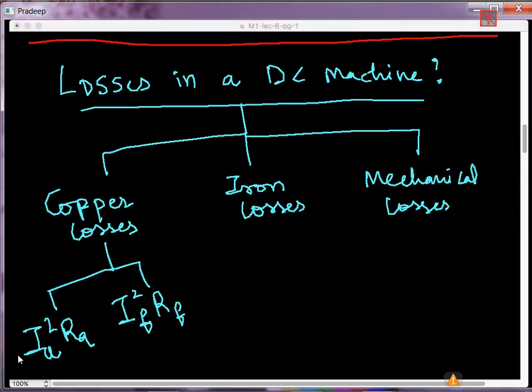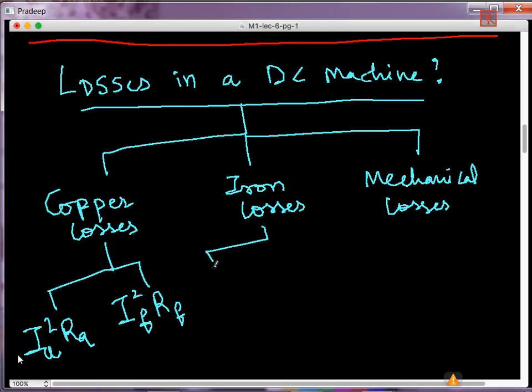So what are iron losses? Iron losses are the losses that happen in the magnetic core of the machine. That's why these losses are also called magnetic losses. There are two types again.